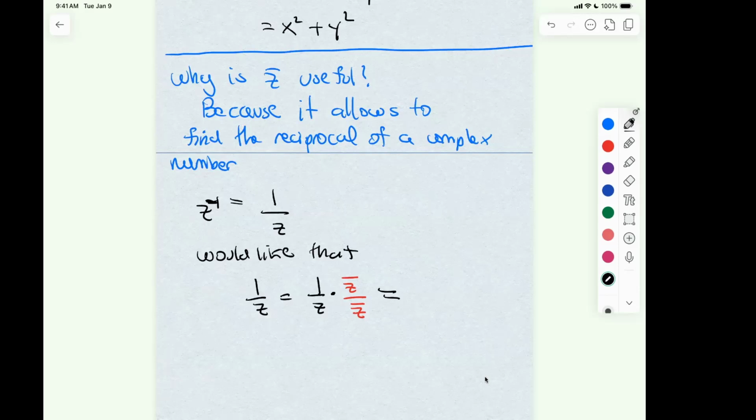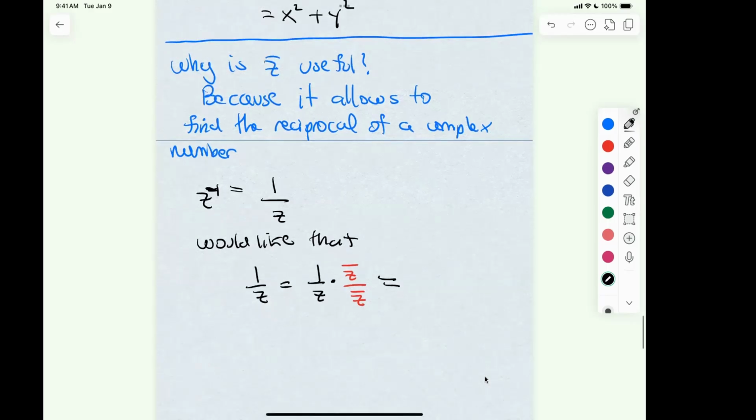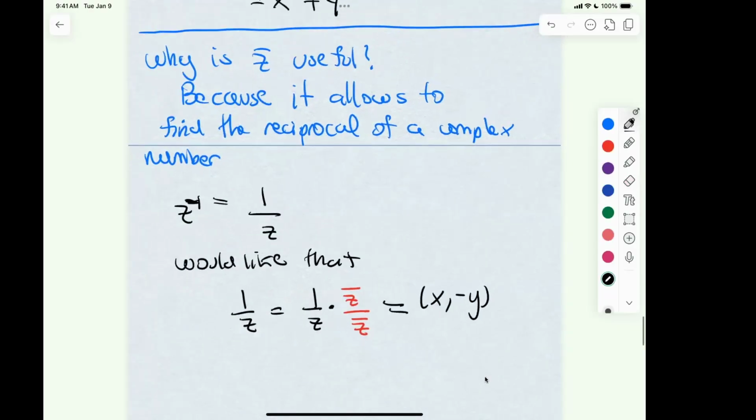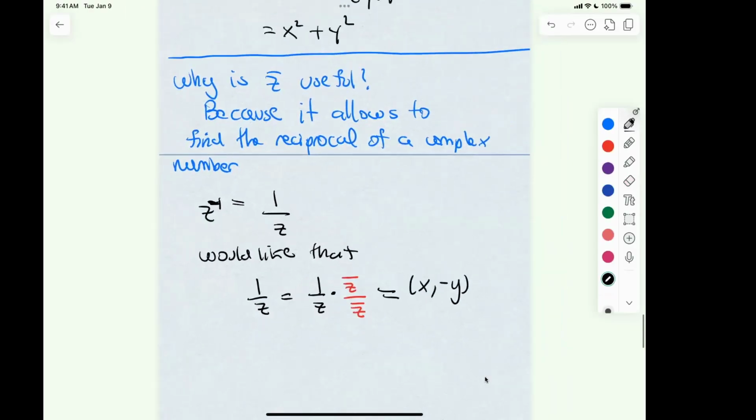But let's think about it in terms of the actual coordinates that this would have. This would have coordinates x comma negative y, right? And we already talked about this, or I can write it in the i notation.